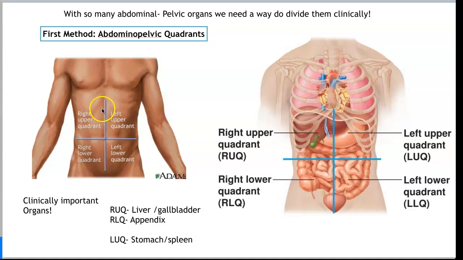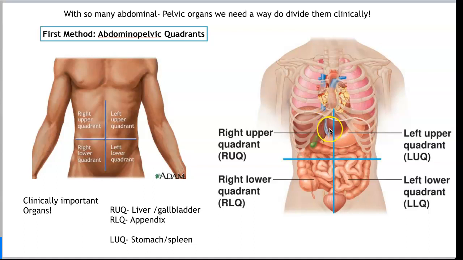Now, if you remember the torso, what was almost the entire right upper quadrant taken up by what organ? This guy. The liver. The liver is huge. It's your largest internal organ in your body.